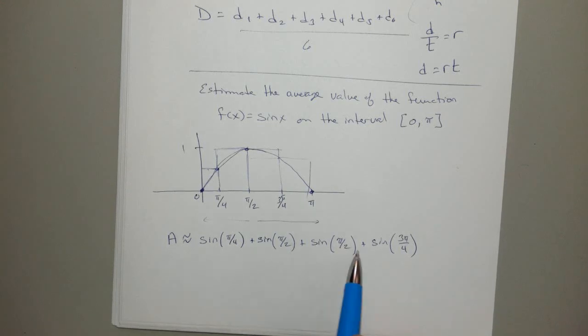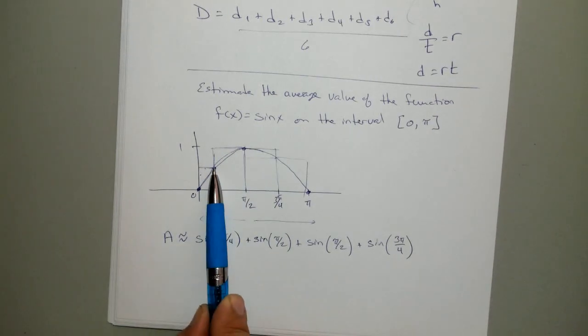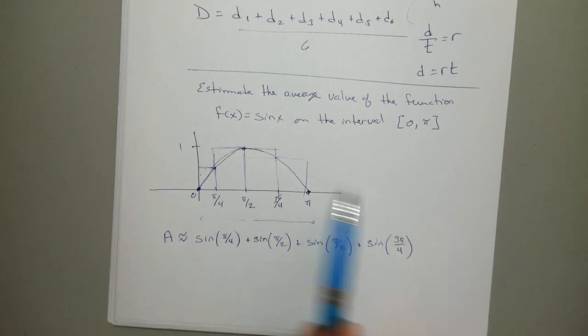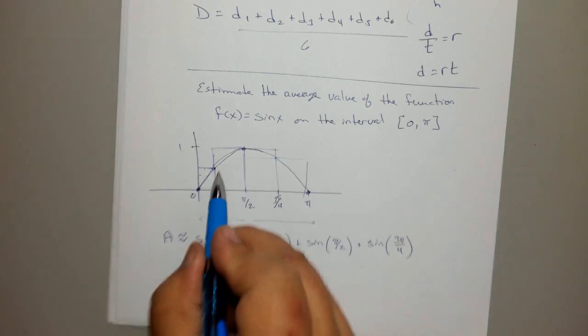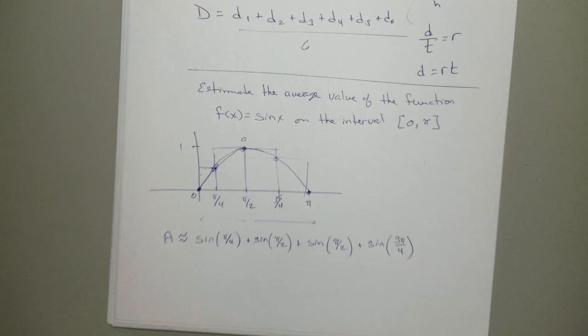Why do I have pi over 2 twice in here? Exactly. Because on the left-hand side, I'm starting from here, going left. And then from this right-hand side, I'm starting from this side, going out. So I have to use this point again, and then this point.